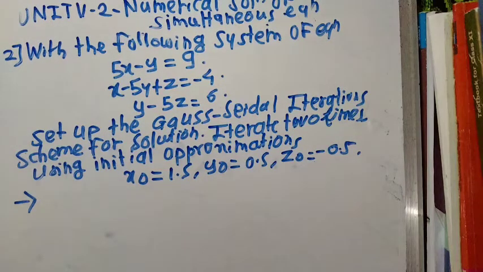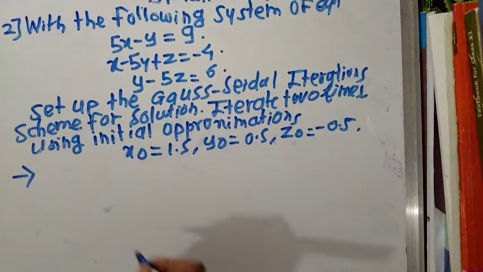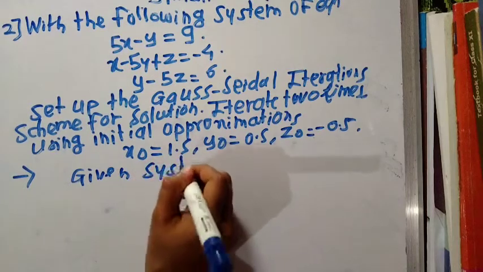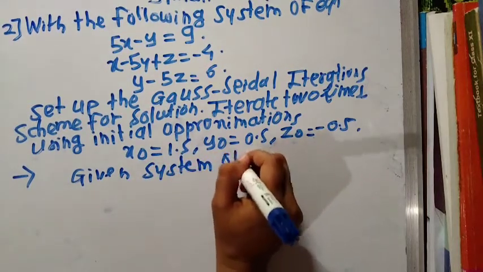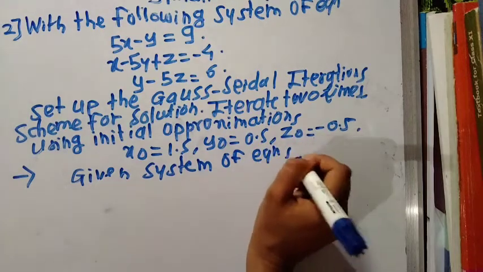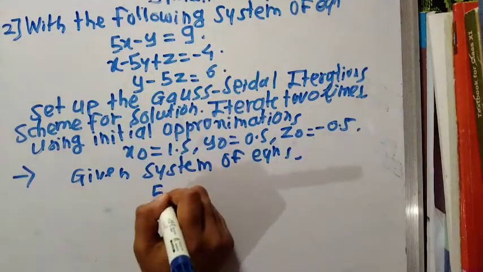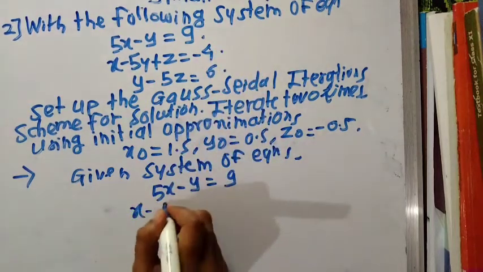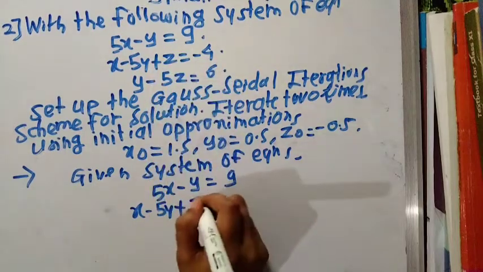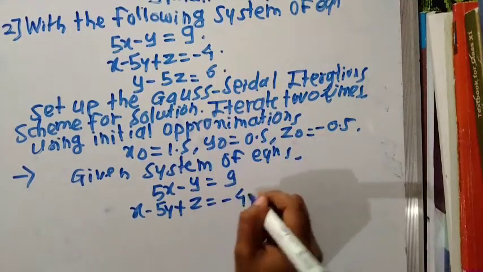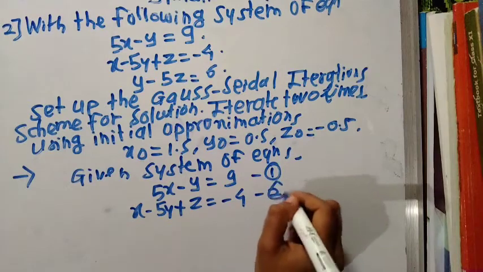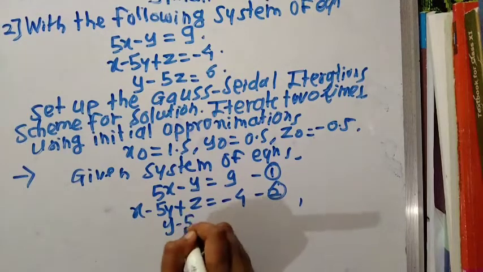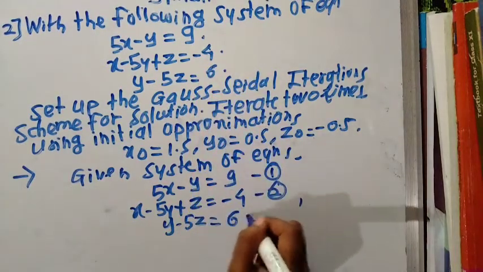Then first of all, write down the given system of equations: 5x minus y is equal to 9, then x minus 5y plus z is equal to minus 4, and third is y minus 5z is equal to 6.